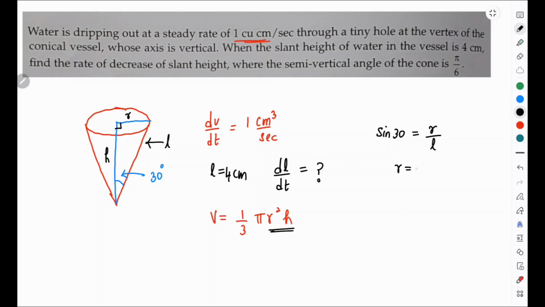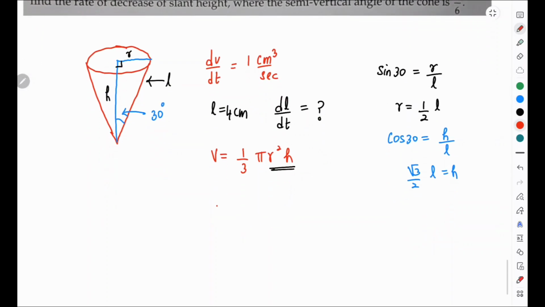So we get r is equal to half of the slant height. And one more thing is cos 30 is equal to adjacent by hypotenuse, which is root 3 by 2, so h is equal to root 3 by 2 L. So we want to substitute those two here.